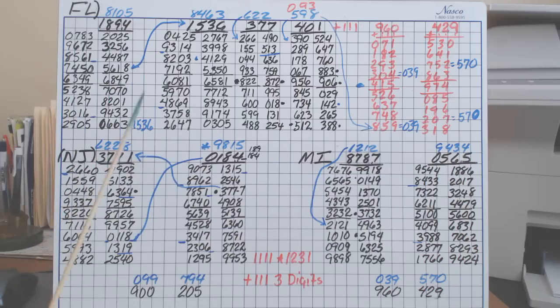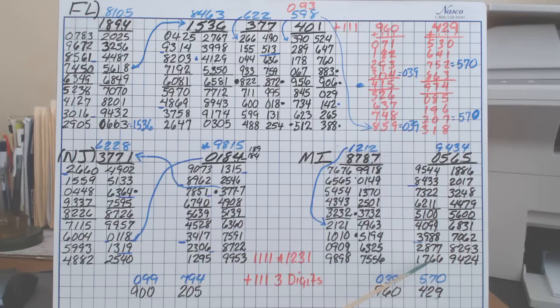These are the trends that's taking place. The 0565 in Michigan, Tennessee had 160, and this is part of this family. That was in 3 digits, but we still see the 6211, which is 626, 176. It's a good number.